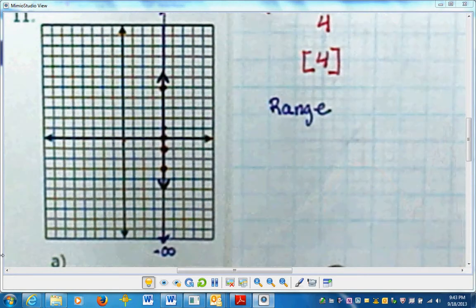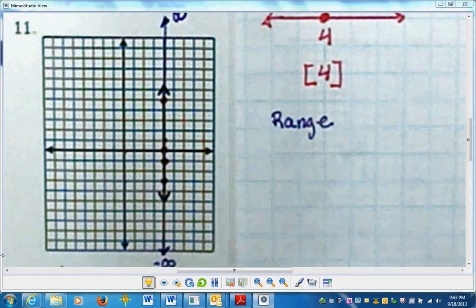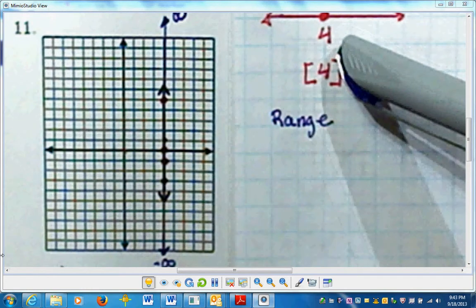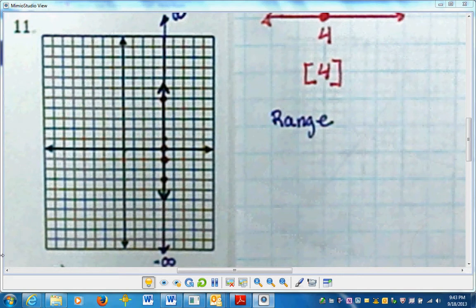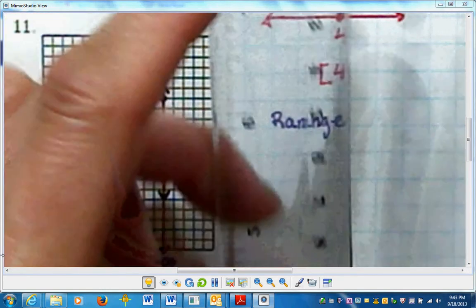So when I'm looking at my x and y values, I can see my x values are all staying the same at 4, but my range is changing. My lowest y value is negative infinity. That's my floor. And my highest value is infinity. That's my ceiling.